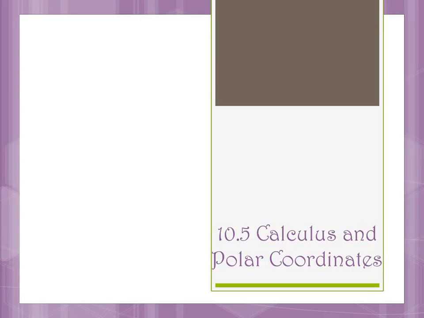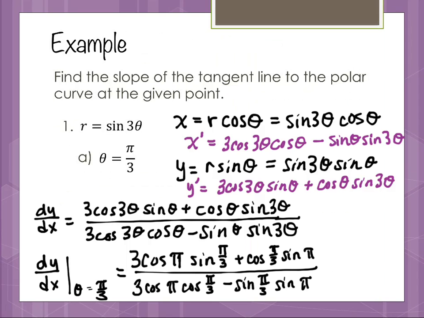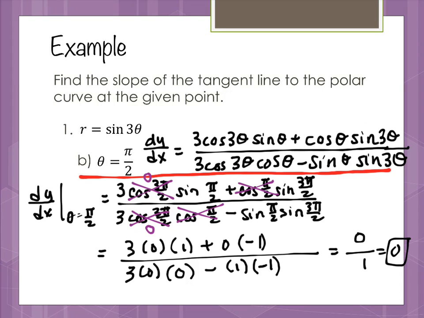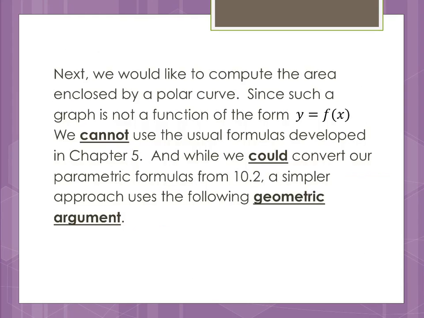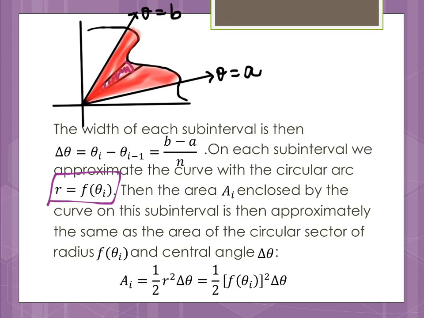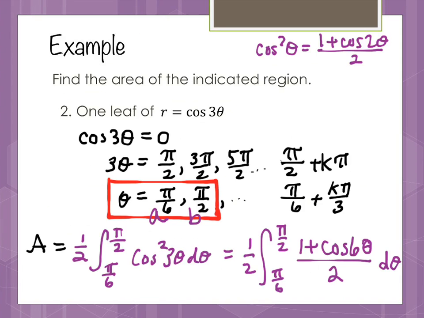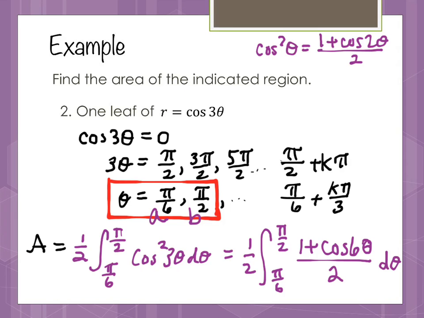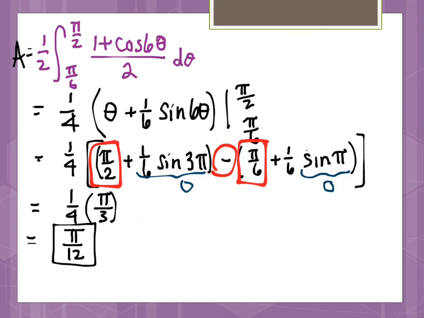Look at several examples. The example we left off on was talking about finding indicated area, example number 2. We had found that this particular one had an area, where's my answer?